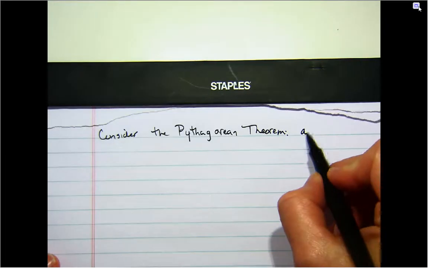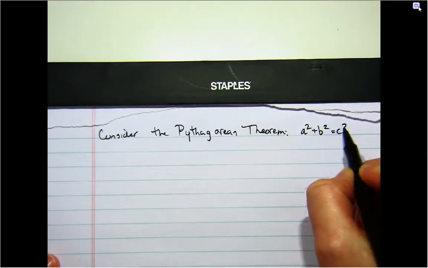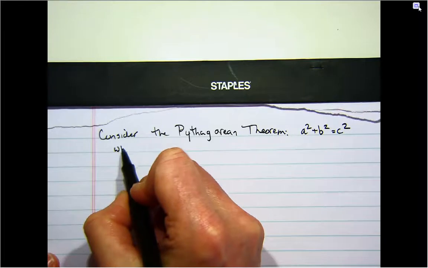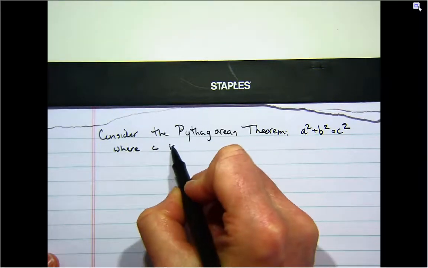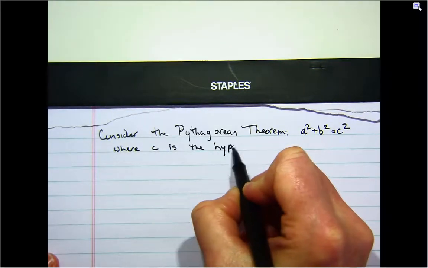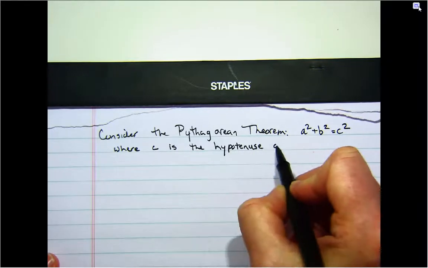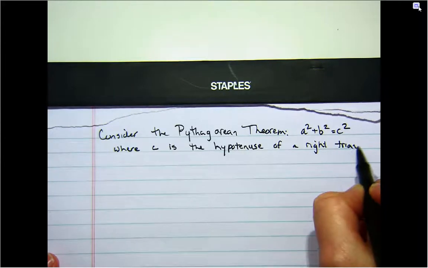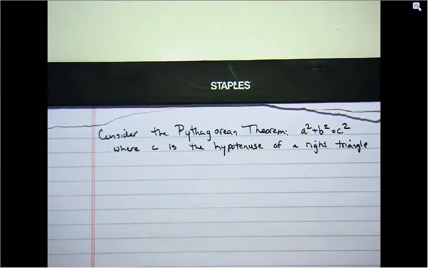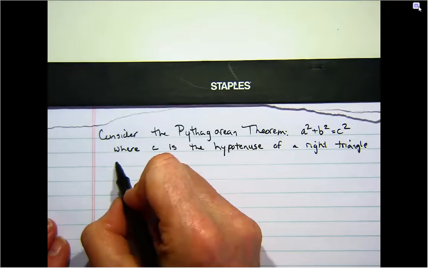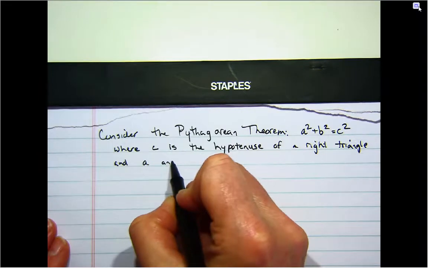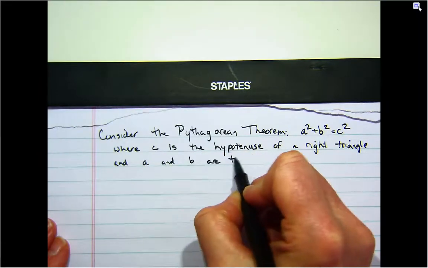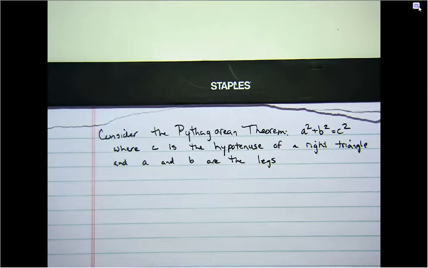A squared plus b squared equals c squared, where c is the hypotenuse of a right triangle and a and b are the legs. The legs mean that they're the sides forming the right angle.